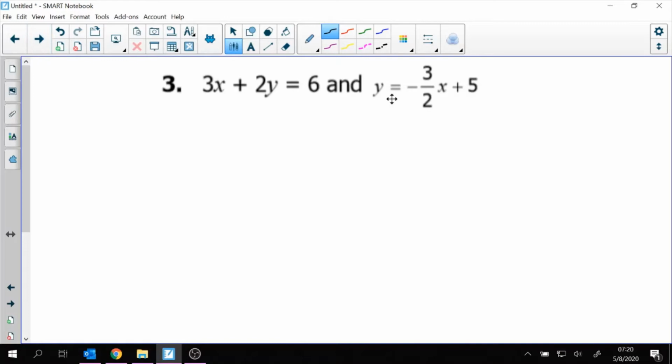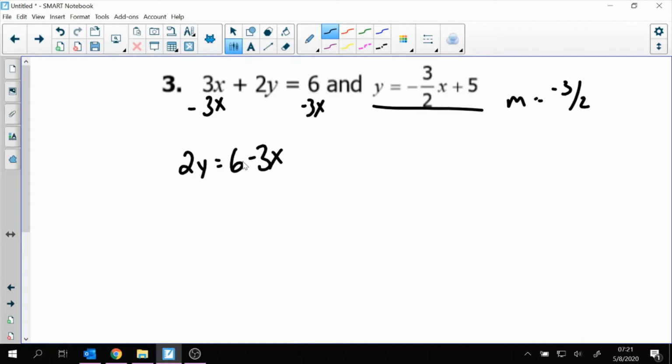Okay, so here we go. Two new equations. This one's already in slope-intercept form. Our slope is -3/2. On this one, you have to put it in slope-intercept form. So to do so, you want to get the y by itself. First, you have to move this 3x to the other side. Opposite of plus 3x is -3x. Subtract 3x from both sides, and it doesn't matter if you put the 3x in front of the 6 or behind it. Technically, if you're doing slope-intercept form, this should be in front of it, but really it doesn't matter. Divide both sides by 2.